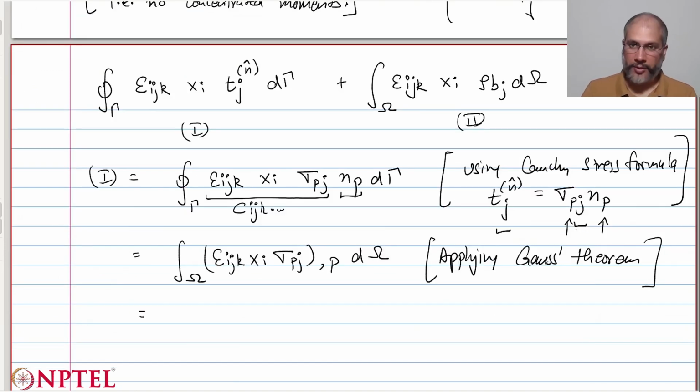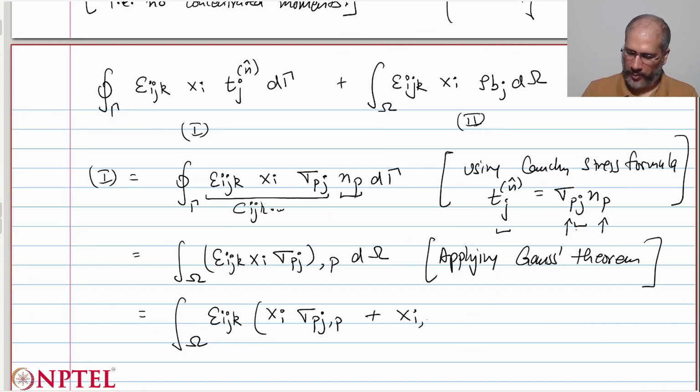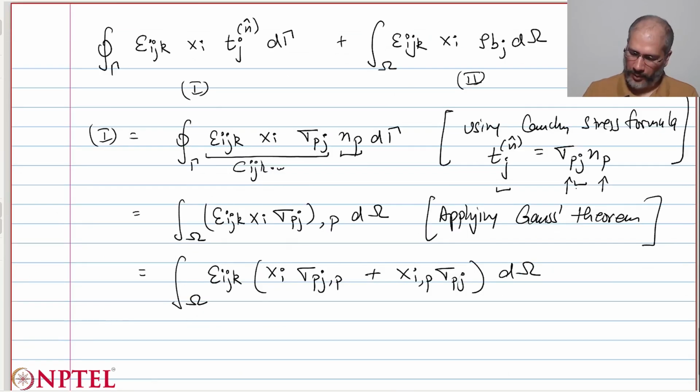So let's expand this. So epsilon_ijk is simply a constant, so it does not participate in the derivative. And then we have an x_i times sigma_pj comma p plus an x_i comma p times sigma_pj times d omega. Let's see if we can expand this further.